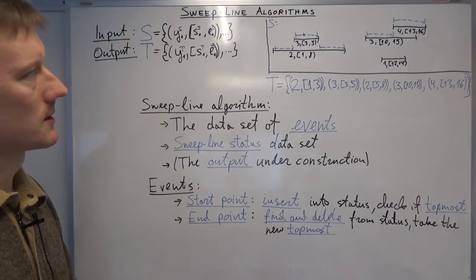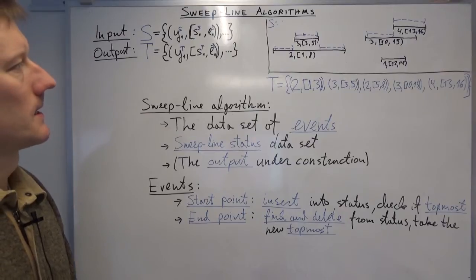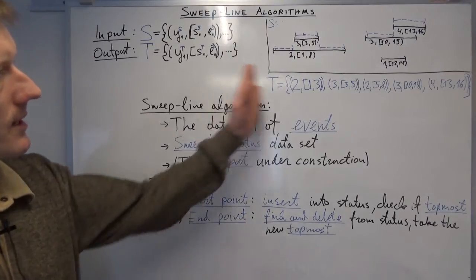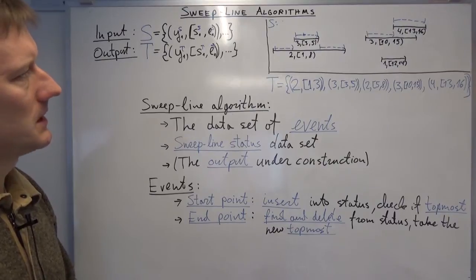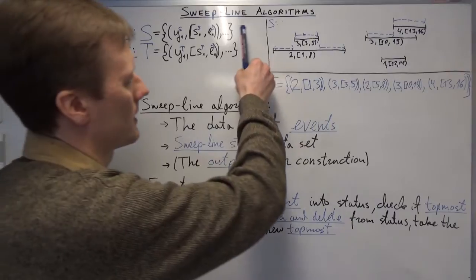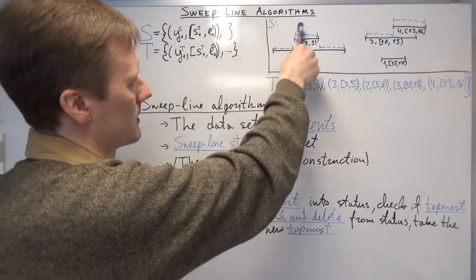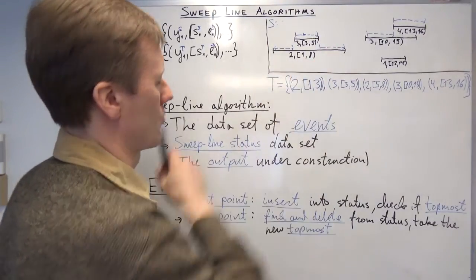It's not so important in which direction here, but it's important to decide whether we will sweep according to the x-coordinate or the y-coordinate, because they play different roles in this problem. So here it is natural to sweep along the x-coordinate and then build up the output as we go from the left to right.